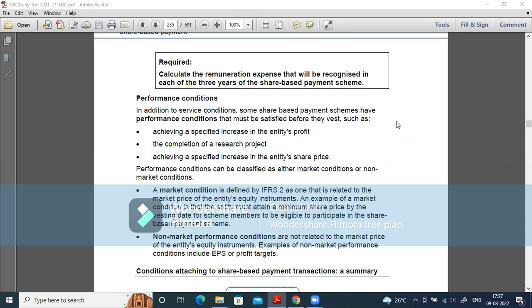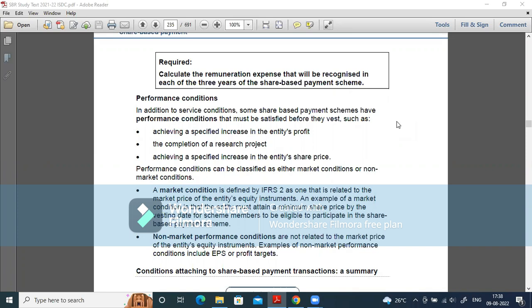What is the purpose of giving shares or share options to the employee? The main objective is to convert the individual objective into the organization's objective, because they want employees to work for the organization. In order to create more interest among the employees to maximize the value of the company, generally they will be issuing the shares or share options.